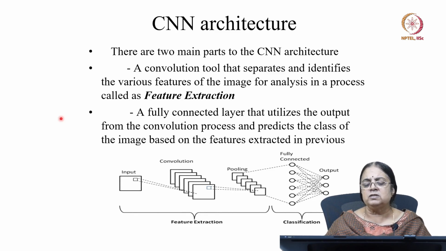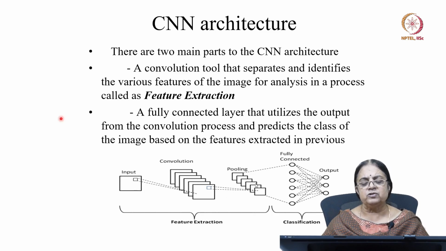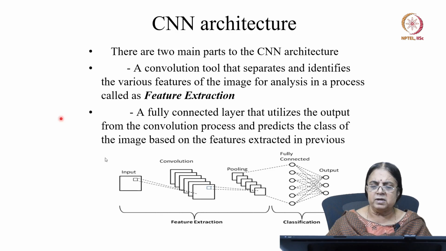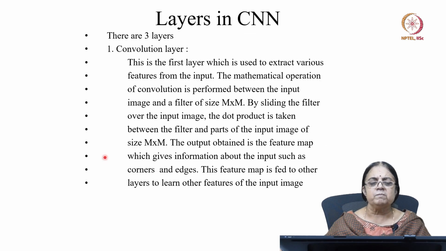This could consist of either one layer or you could have another layer also, and it carries out the classification here. So you are extracting the features, and the higher level features will be available in this fully connected layer, and you are carrying out classification of those features. So this is the CNN architecture basically.